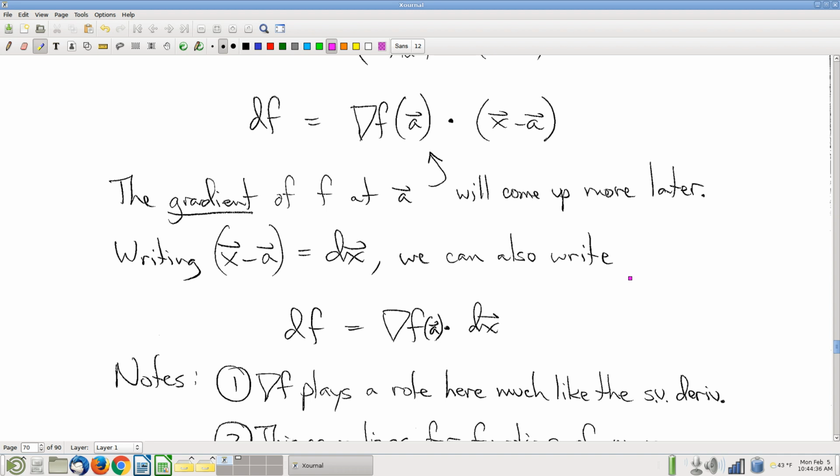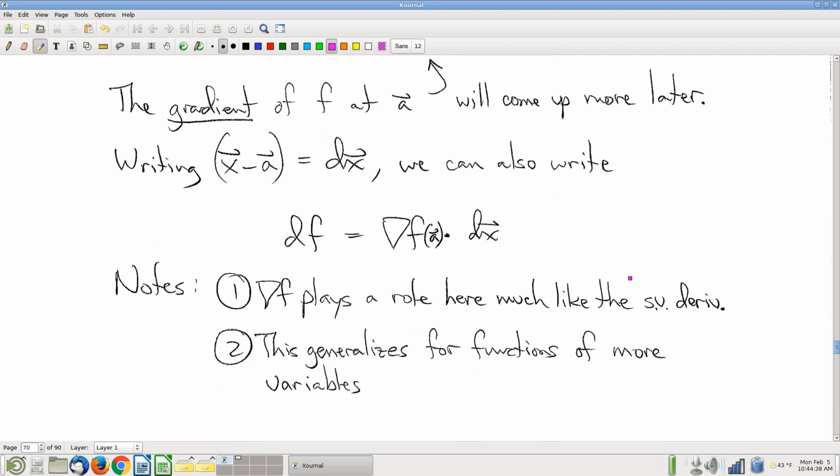Okay, so I'd like to point out now that the gradient is playing a role here, much like the single variable derivative. Let me remind you of an old formula from way back when: df is equal to df dx times dx.